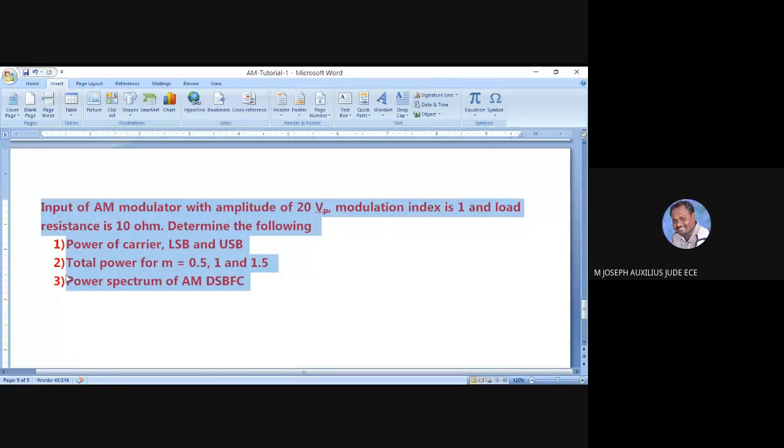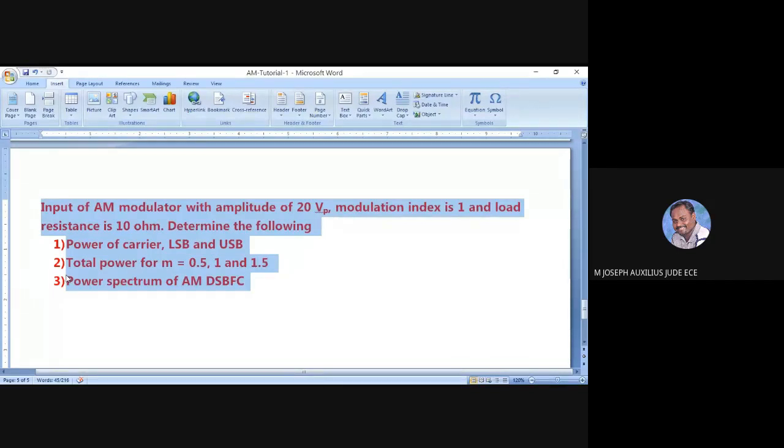For solving this problem, you have to refer to the following equations. Let me quickly go through. That is equation number 24, equation number 25, equation number 27.